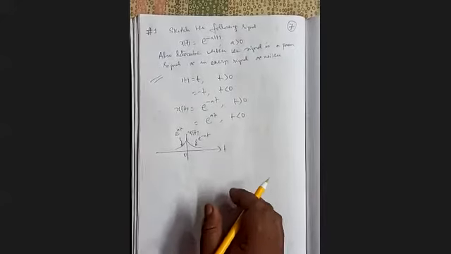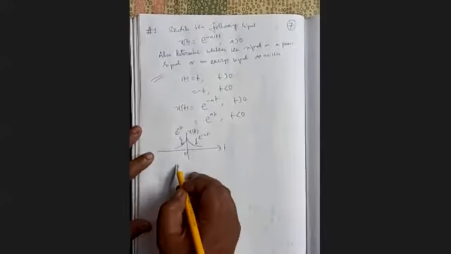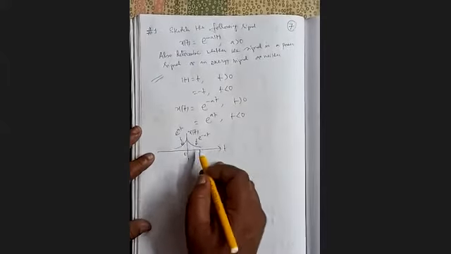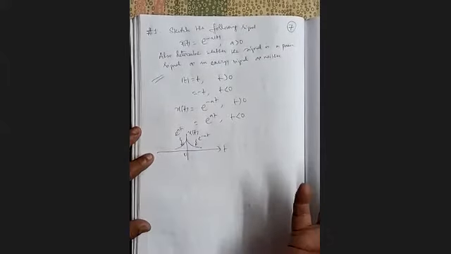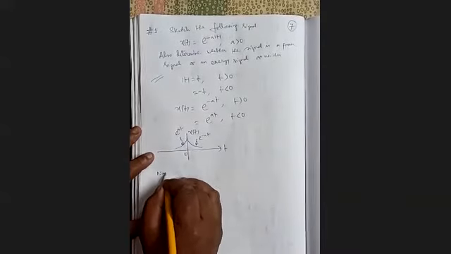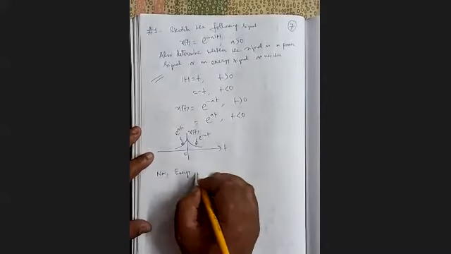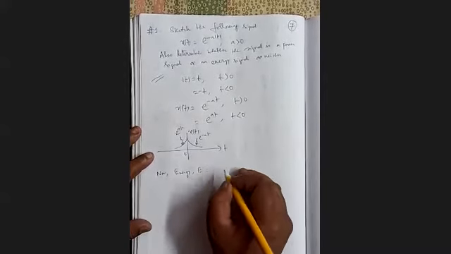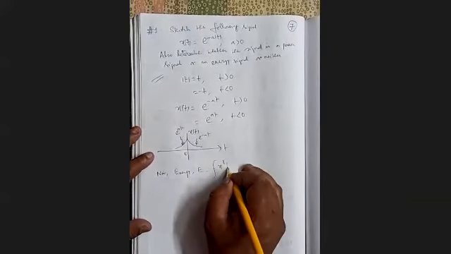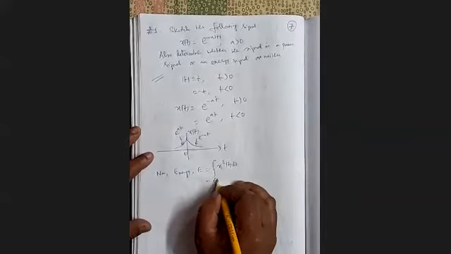Now how to calculate its energy, let's see. It's a transient signal actually, so obviously we expect that it will be an energy signal. Now energy, E equal to integration of x square t dt from minus infinity to plus infinity.